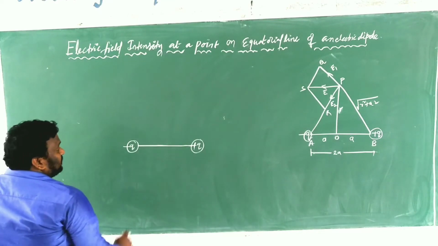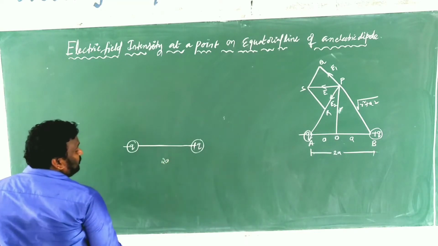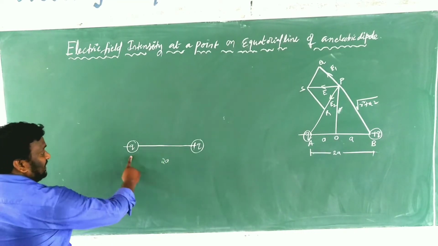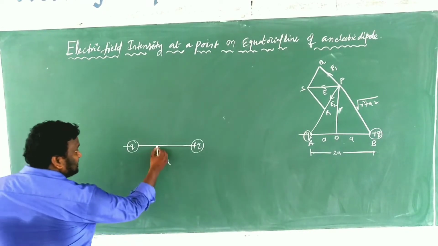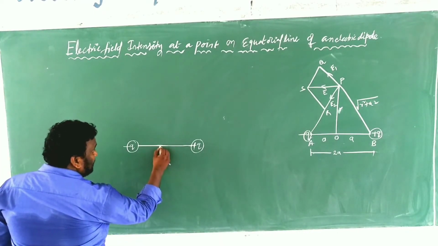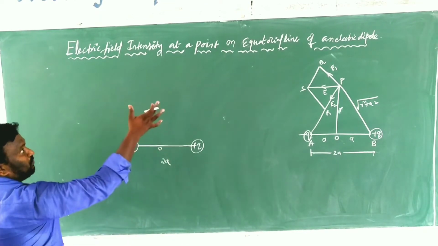Now, children, it is an electric dipole of length 2a. The length of the dipole is 2a. And this is the midpoint, which we take as O. What is meant by equatorial line?